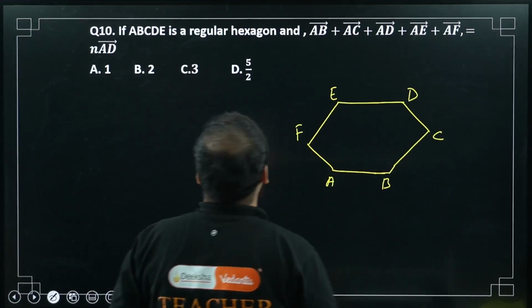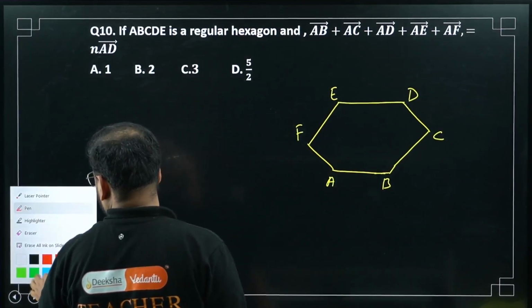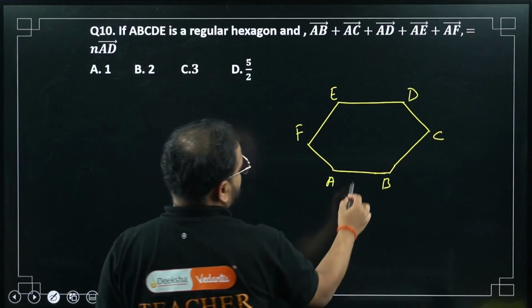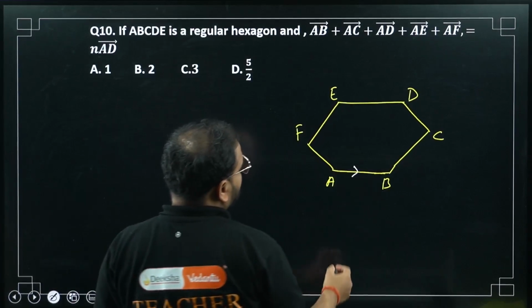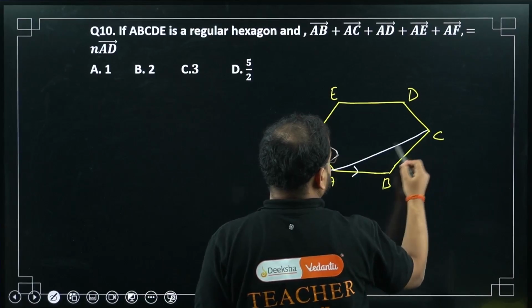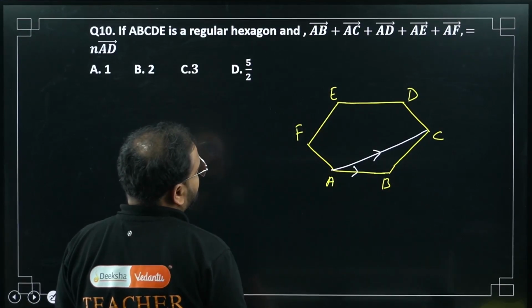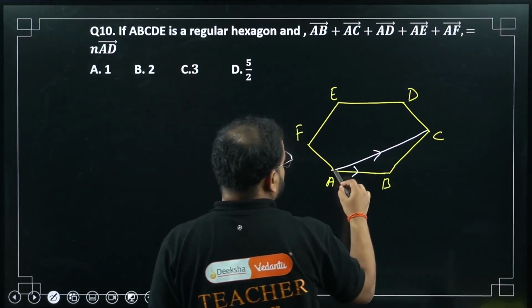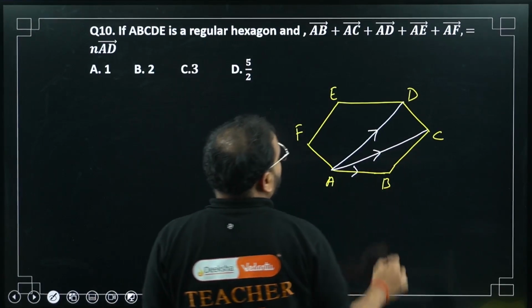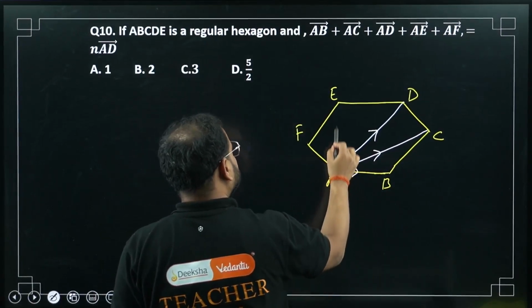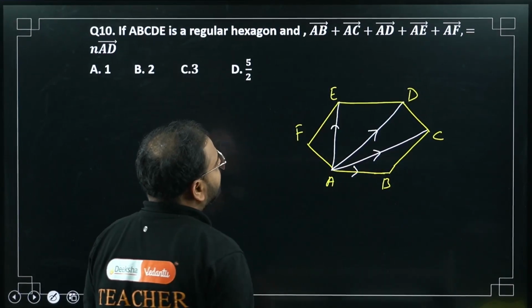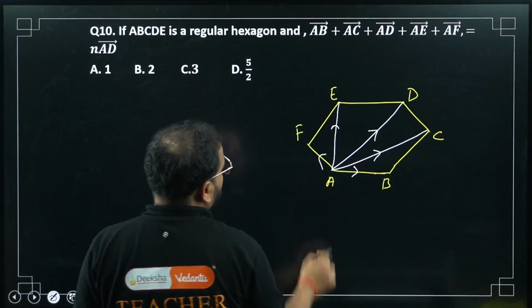Okay. Now they're looking for which side? Let me draw the sides also. So AB is here like that, AC is here, AC means something like this. Okay, AD, okay, AD is also there, so like this. Next what? AE is also there, so like this. Next what? AF, like this.